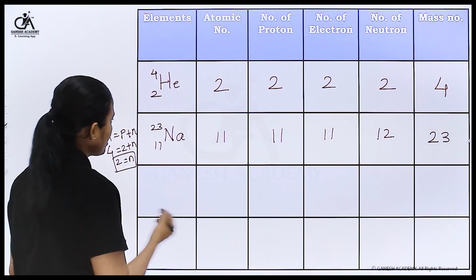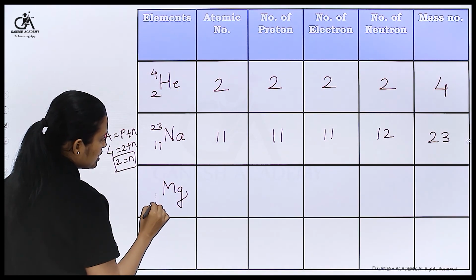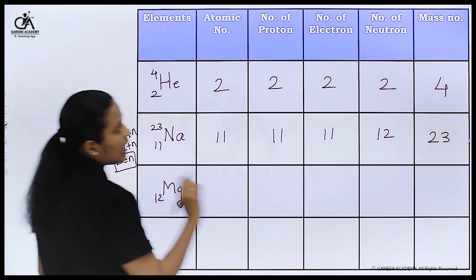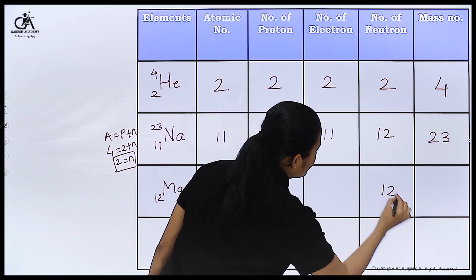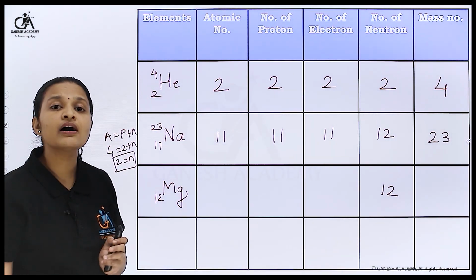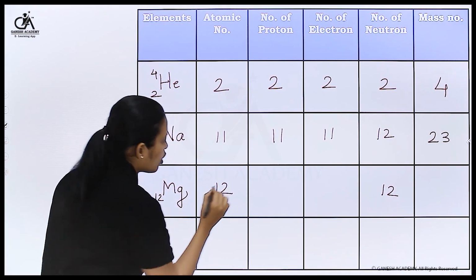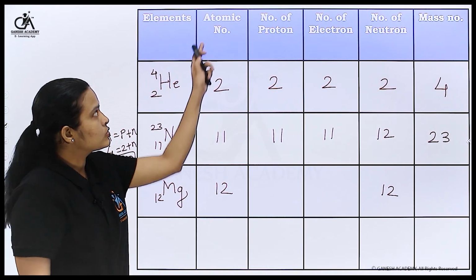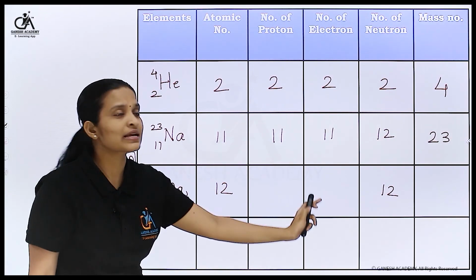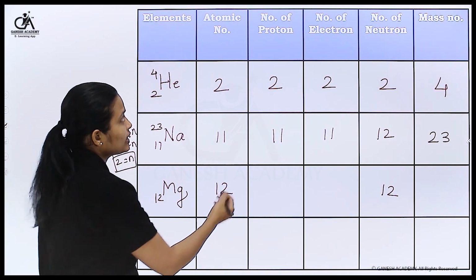One more example I will show you. Suppose you are provided this symbol with the neutron number. The bottom figure is the atomic number of magnesium, so I will write it directly: atomic number is 12. The atomic number gives the number of protons and also the number of electrons, so all three are the same.